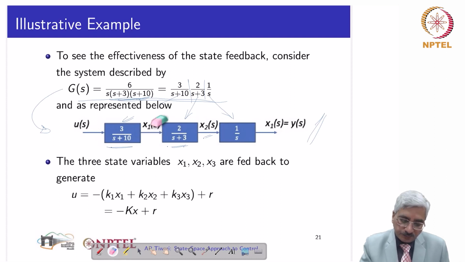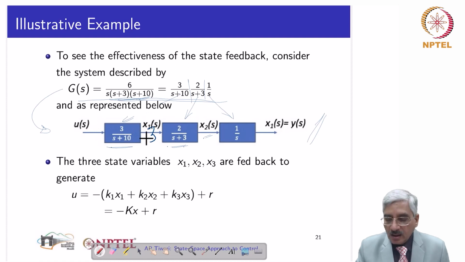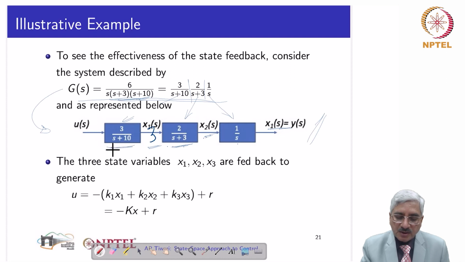So this is x3. And this is x1. The output is the same as the state x1. It is coming from this block, input to which is x2. x2 itself is the output of this block, to which the input is x3, and x3 is the output of this block, to which the input is u(t). And this is the whole system.